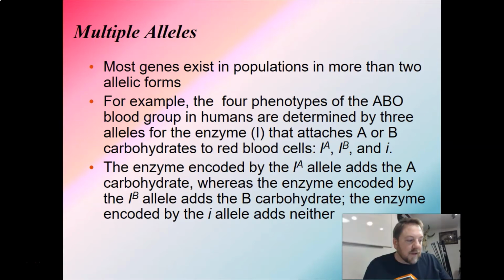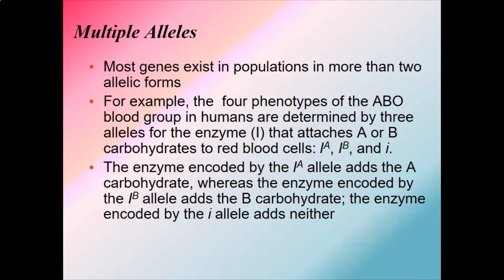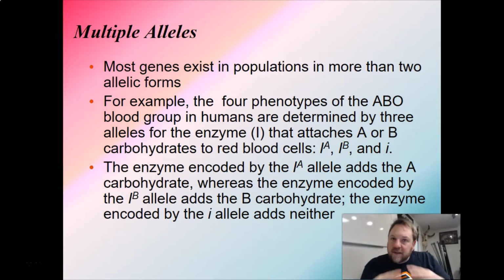So if you look here, if I was talking about the A allele, normally for blood you write it like a capital I with an A superscript. B would be the capital I with a B superscript. So what is this little i right here? That's showing that you do not have any of these carbohydrate ID cards on that blood.